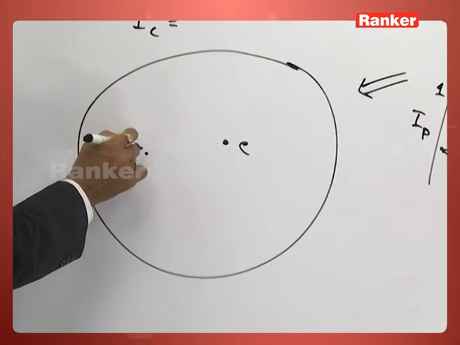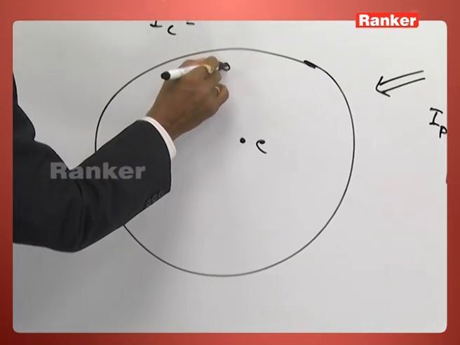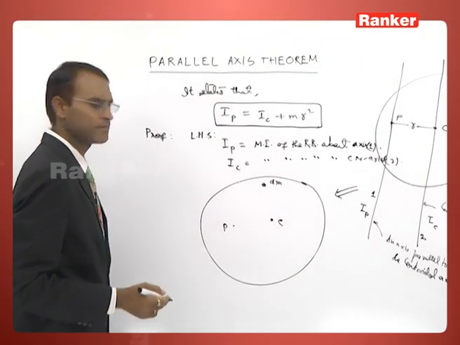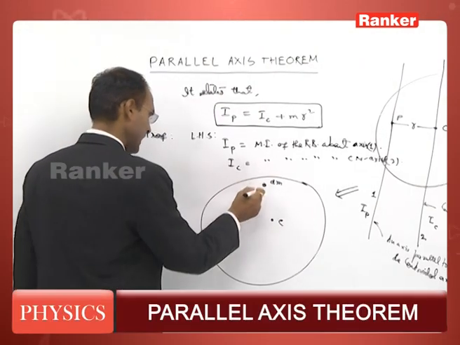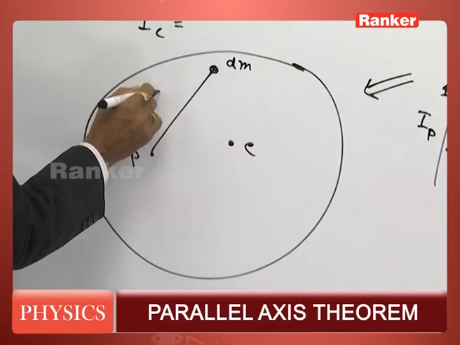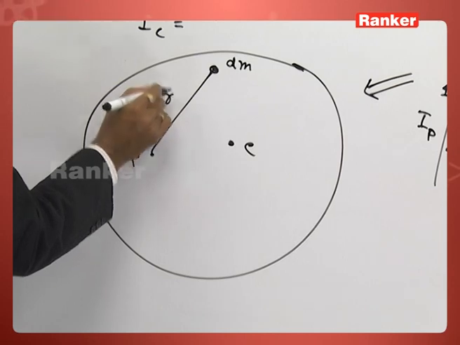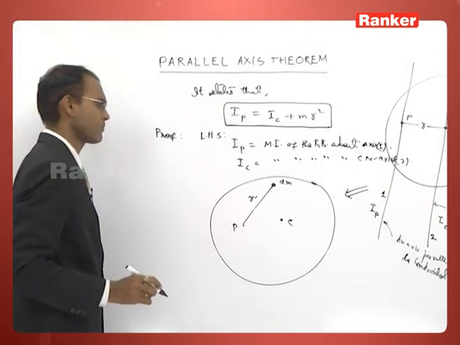To calculate the moment of inertia about this axis, let us take a particle at this position.